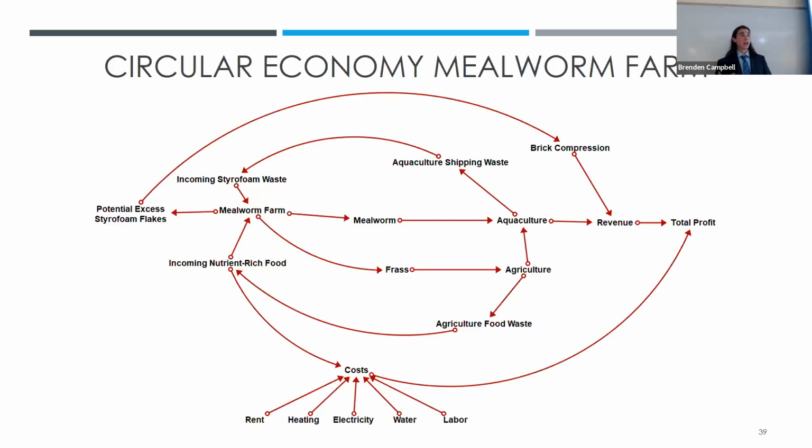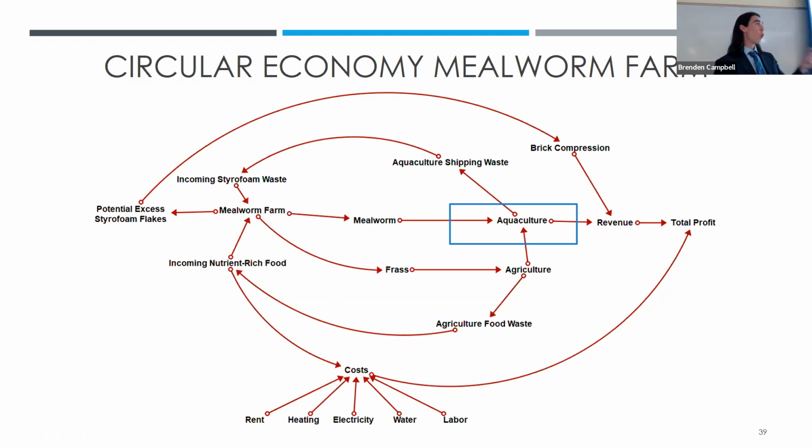This can also be done through another modeling step of incorporating a circular economy mealworm farm into the equation. So again, this is another causal loop diagram where we have our same inputs of styrofoam waste and nutrient-rich food into the mealworm farm. But what we are adding is mealworms going to aquaculture.